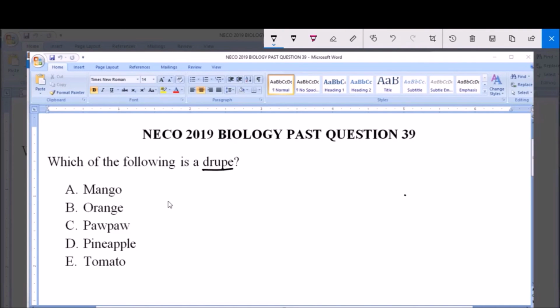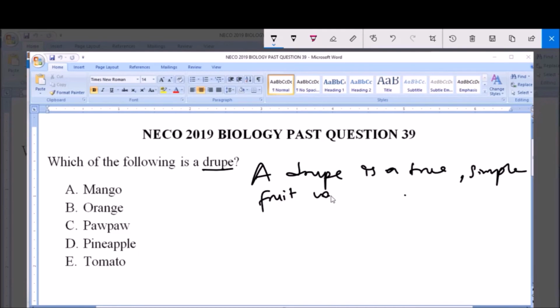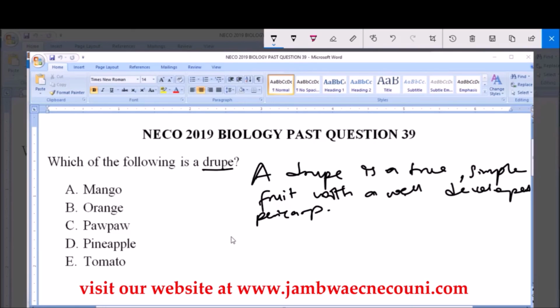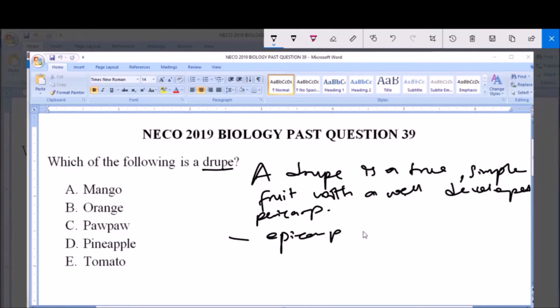Now, a drupe is a true simple fruit with a well-developed pericarp. A drupe has its epicarp thin, and it forms the skin.